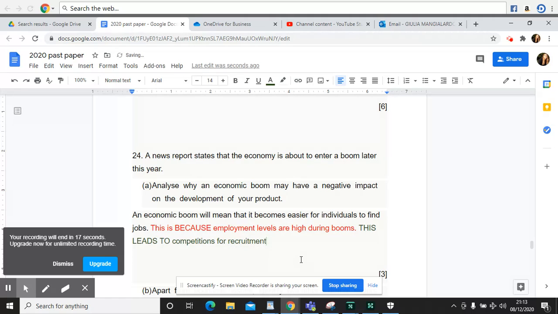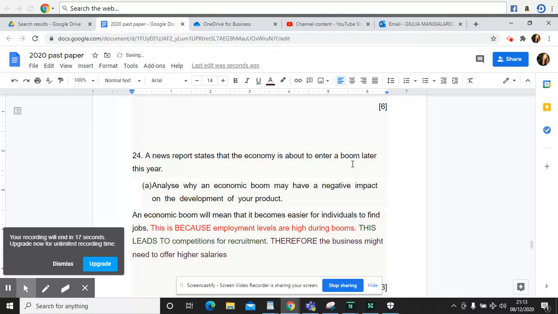Therefore, if we know that they're all looking for the best possible option, the business might need to offer higher salaries.